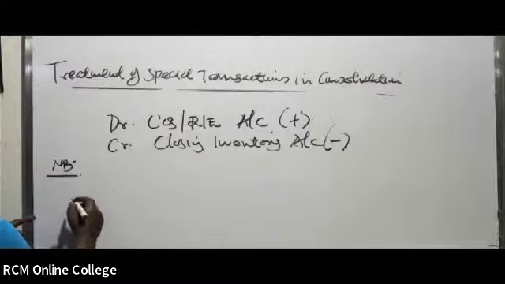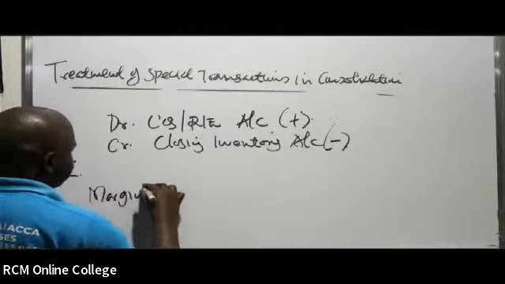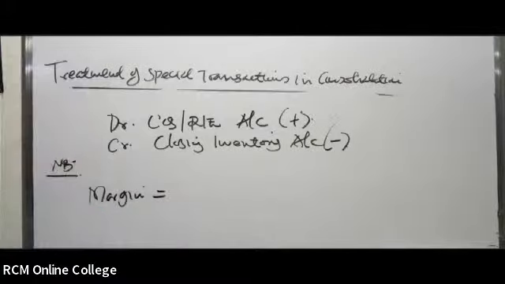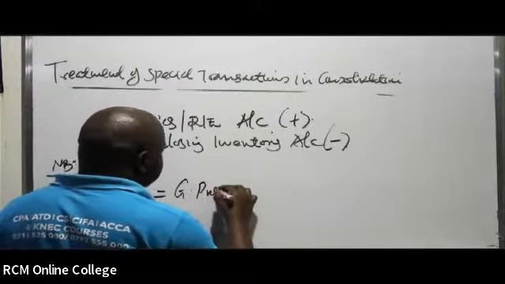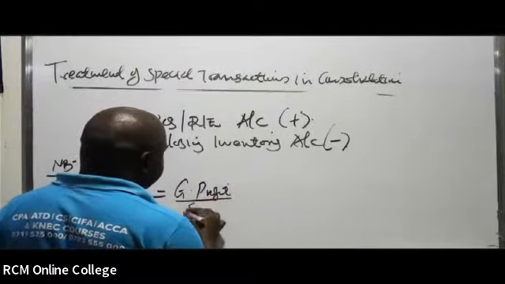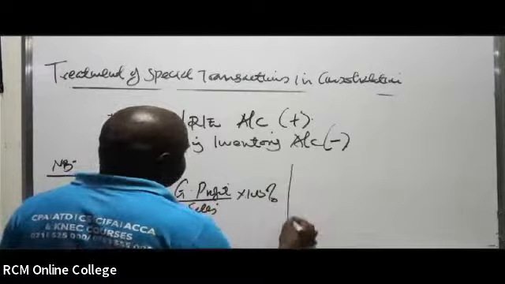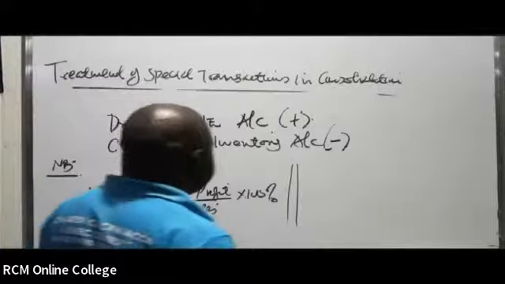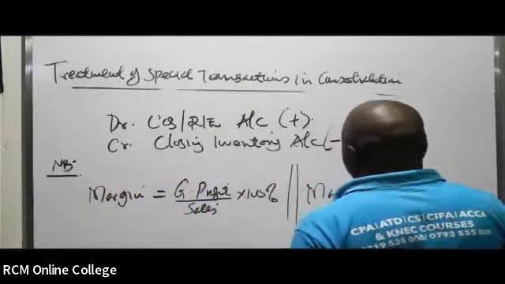Then you write a formula for the margin. How do you get the margin? You take the gross profit over sales, multiplied by 100%. And the markup is equal to gross profit over cost of sales, multiplied by 100%.